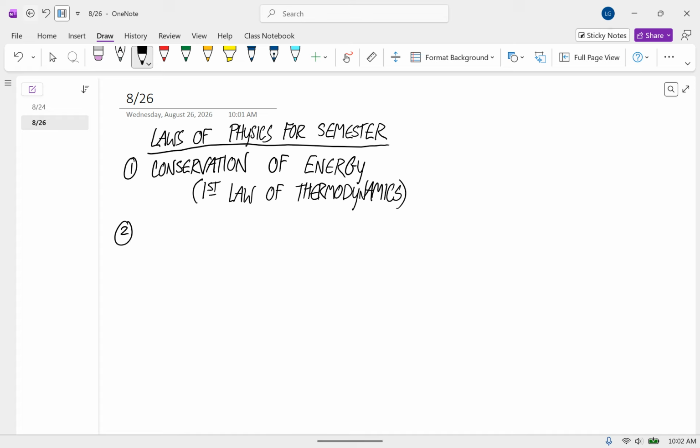Second, we'll talk about conservation of mass, and we'll often refer to this as the mass balance equation.